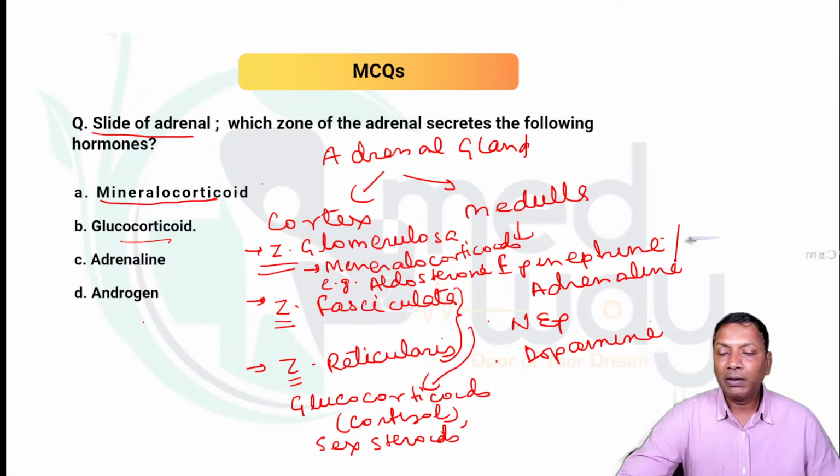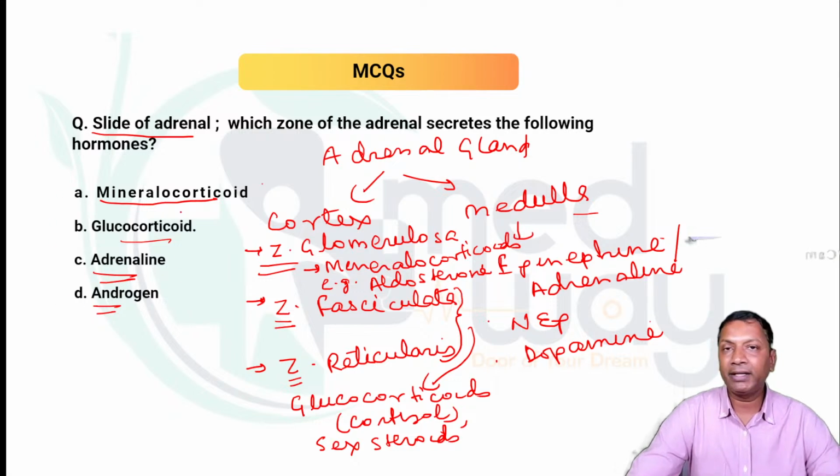Adrenaline will match with the adrenal medulla, and the androgens, which are produced by the zona reticularis and in small amounts by the zona fasciculata, will match with the zona reticularis. So in the exam, whichever was the correct matching based on this theory will be the correct answer.